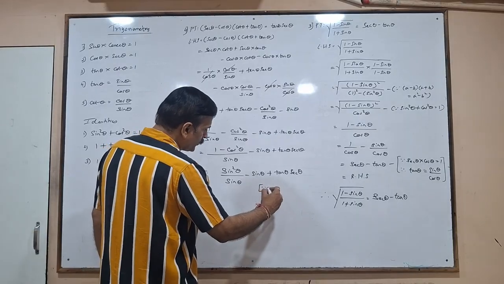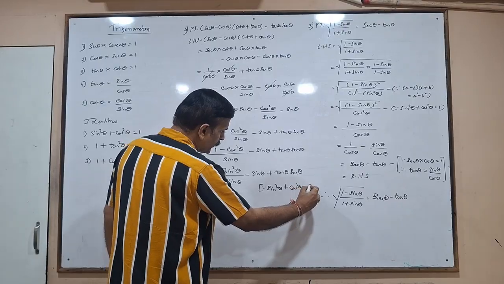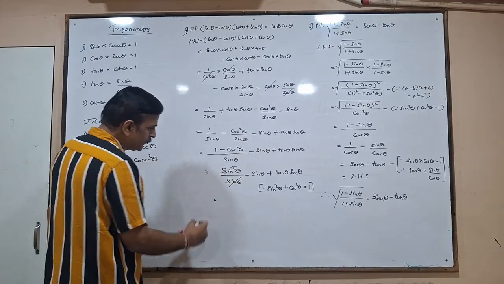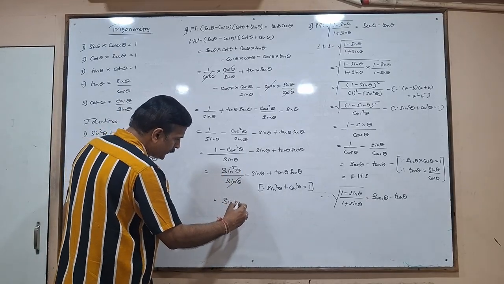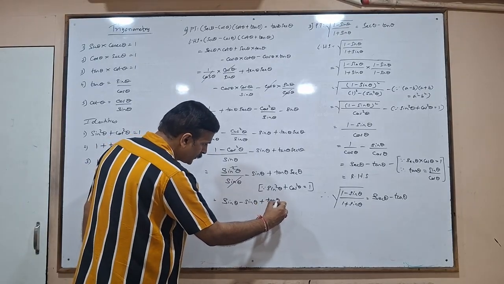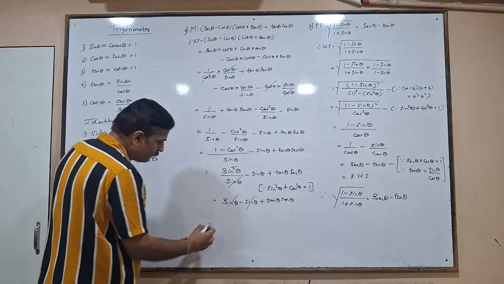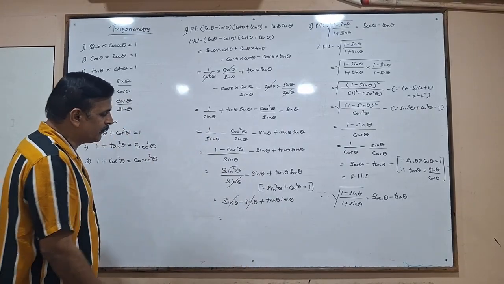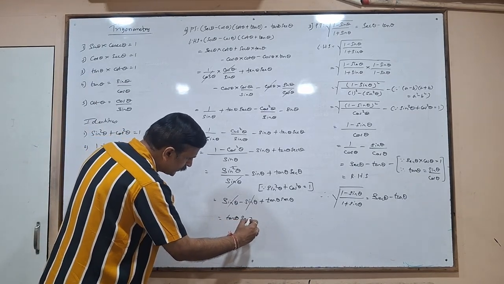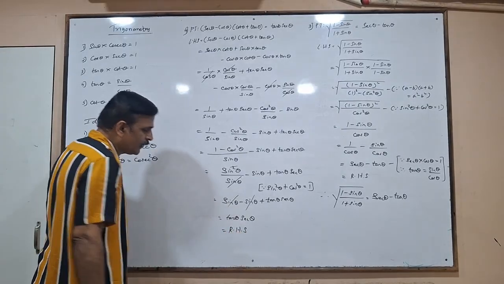The identity used is sin square plus cos square is equal to 1. So one sin will get cancelled. So now what remains is sin theta minus sin theta plus tan theta into sec theta. So sin will also cancel, same term with different sign. So the result is tan into sec, which is RHS.